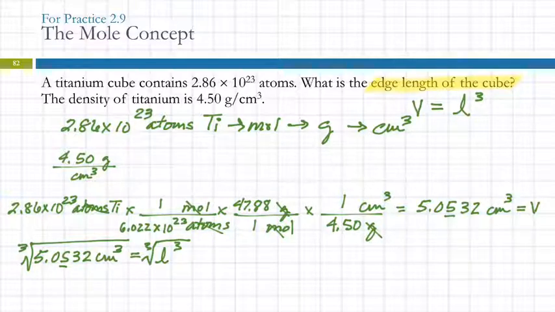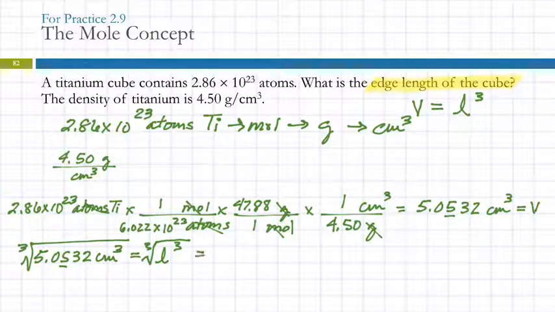So calculators vary in how they do that. Mine has a button. It's a square root symbol with a little square. And so if I press 3, and then that symbol, then I can put in my 5.0532 and press equals.